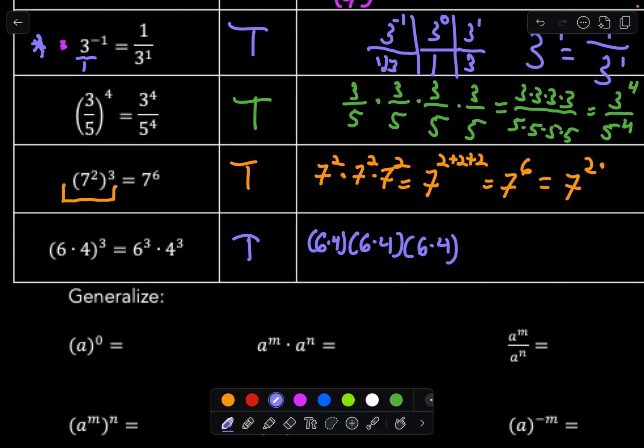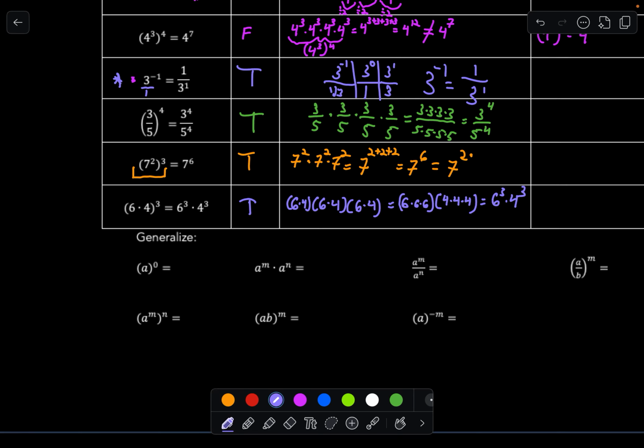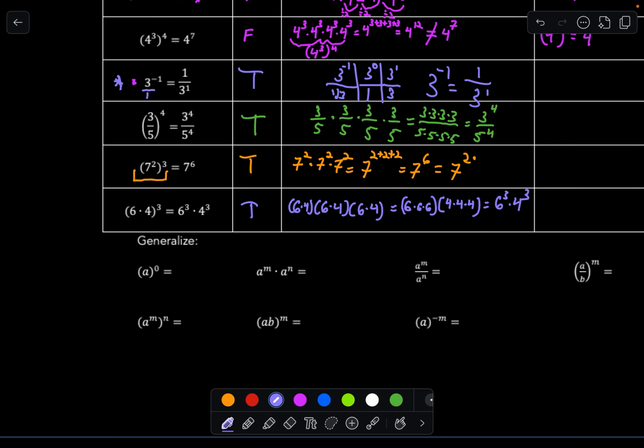Notice I have 6 and 4 multiplied against itself 3 times. So putting together the 6's, this is my favorite number, 6 times 6 times 6, or 666. And we have 4 times 4 times 4. Each of those can be written with an exponent, so that's 6 to the 3rd times 4 to the 3rd.